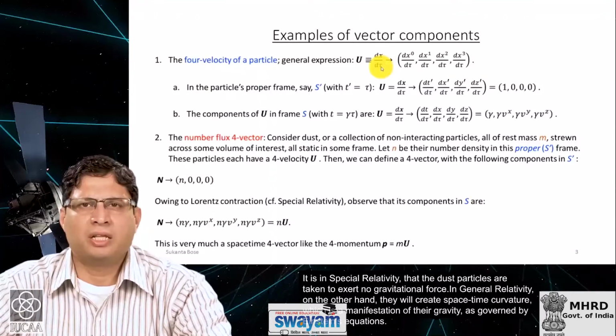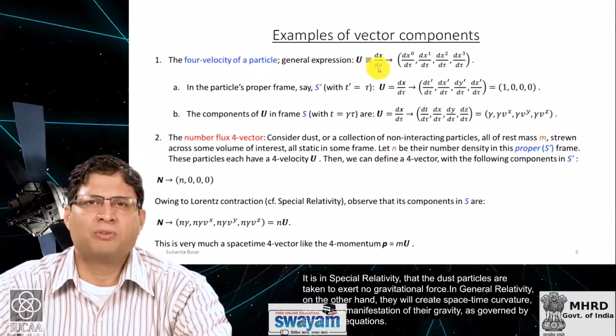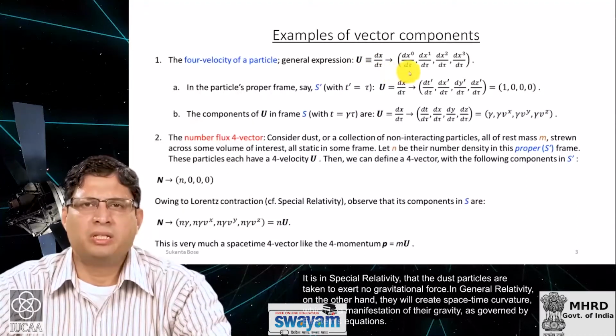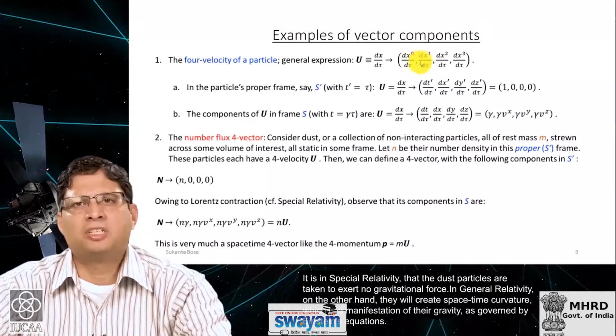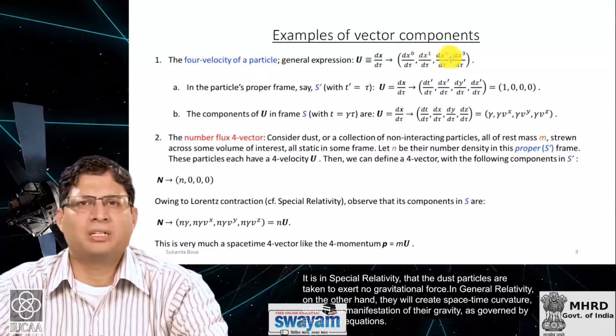So, in an arbitrary inertial frame, the components of this 4 velocity vector can be expanded in terms of the proper time derivatives of the coordinates that describe the position of the particle. So, this would be the time coordinate x 0 and the 3 spatial coordinates x 1, x 2 and x 3.